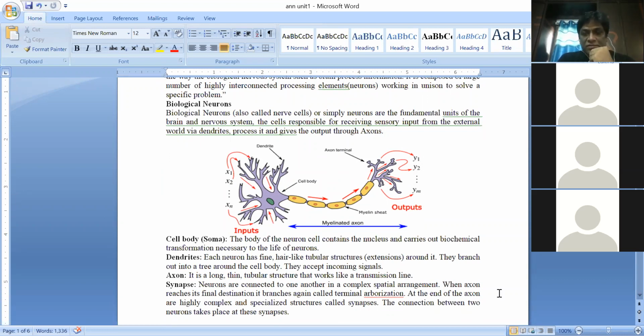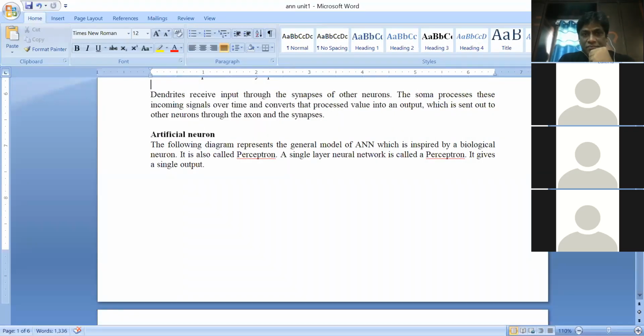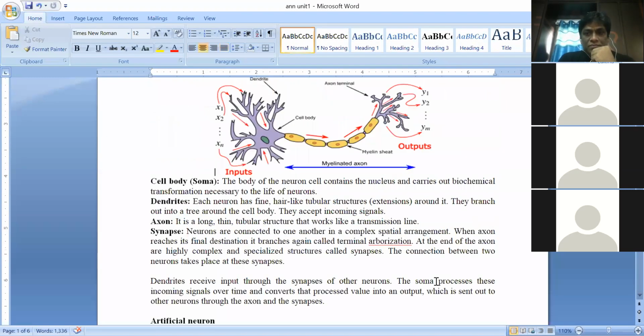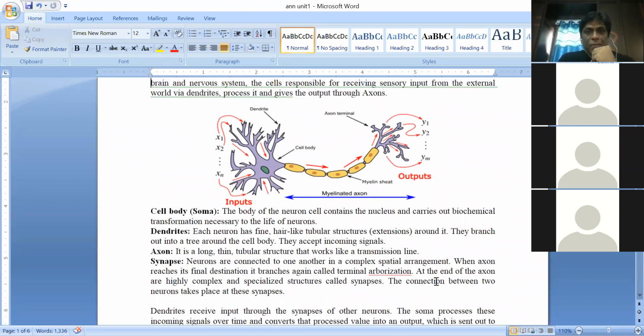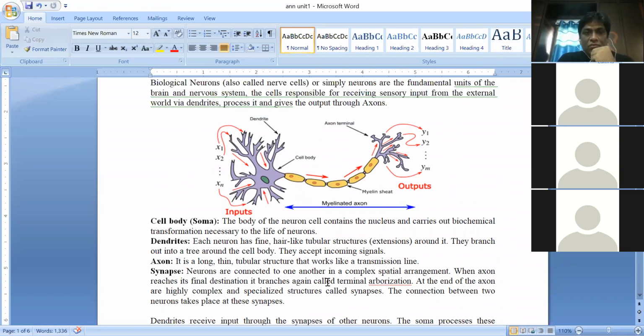So you can see it here. The major parts of a biological neuron are actually four parts. Dendrites, this is called soma or cell body, and these are axons, and these are axon terminals.